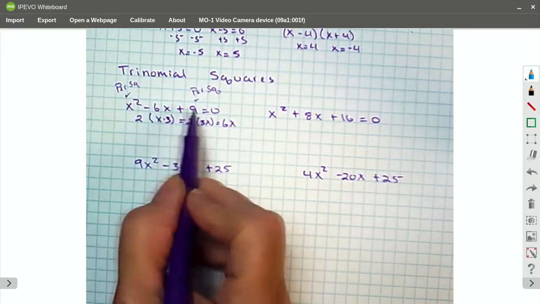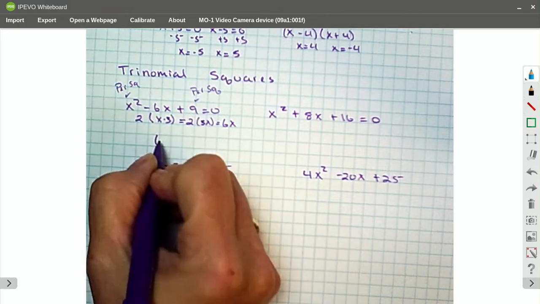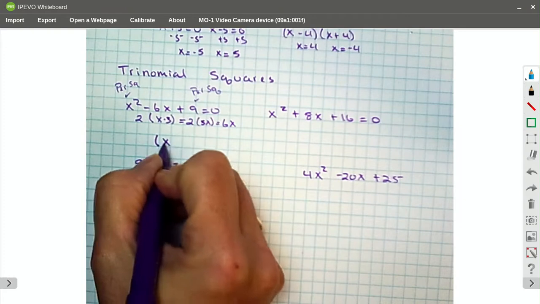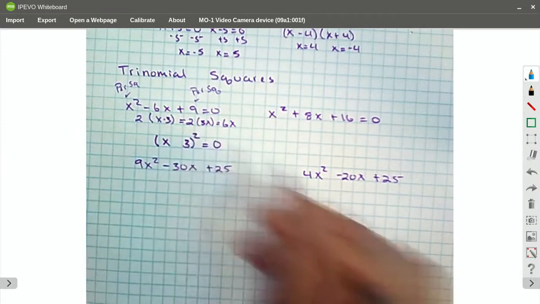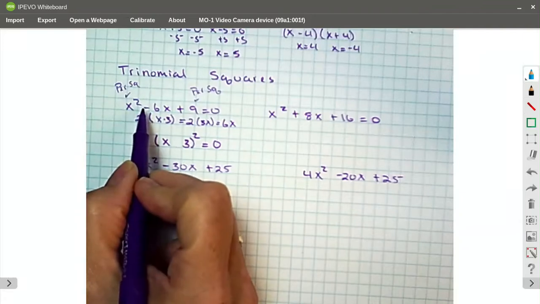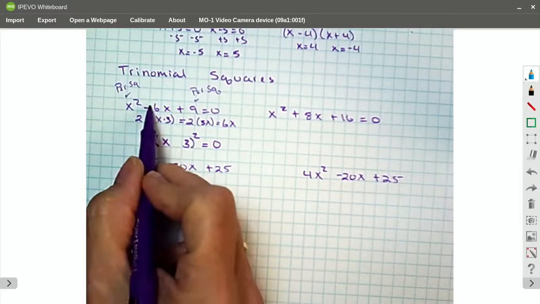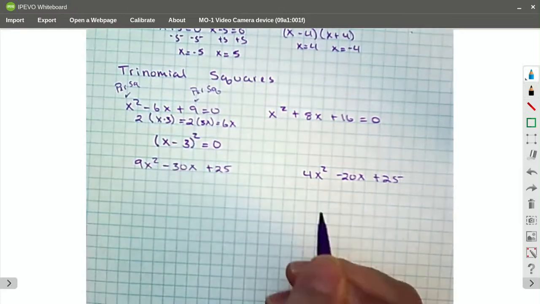So since I have that, I can factor that down: x and 3 squared equals 0. My sign in here is going to come from b. If it's a minus, it's a minus. If it's a plus, it's a plus. So x minus 3 squared.